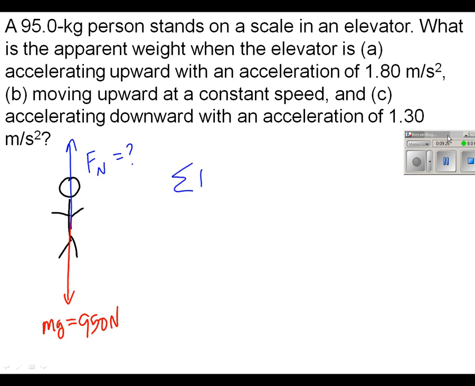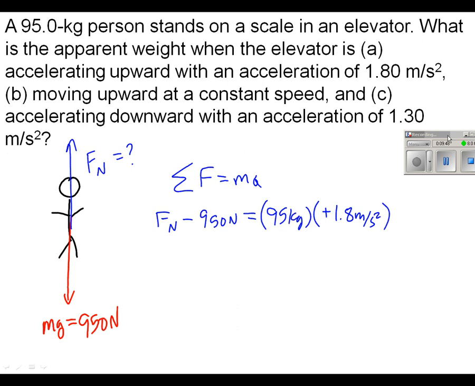So let's go ahead and do our summation of the forces equals ma. We have our normal force up minus our 950 newtons down equals the mass that we're dealing with here, 95 kilograms, and we want to work with an acceleration of positive 1.8 meters per second squared. Now the rest of these problems are going to be identical to this.